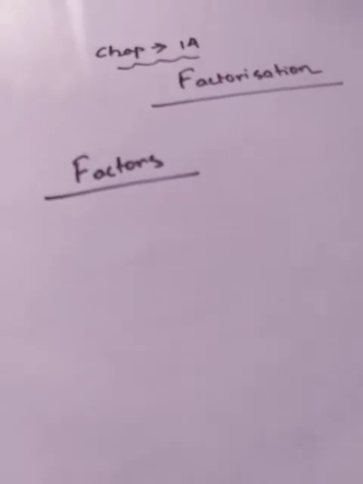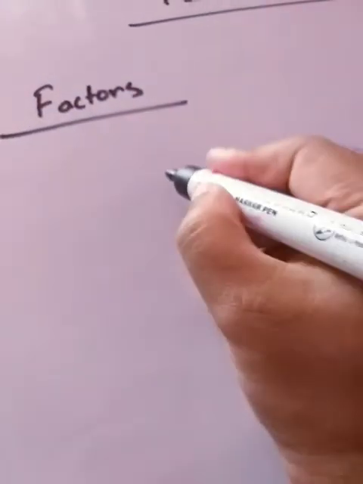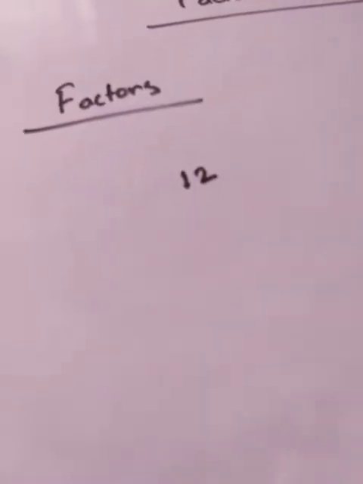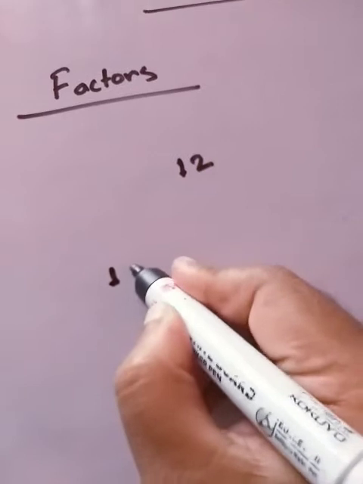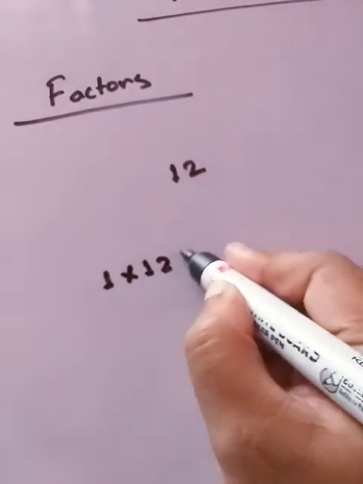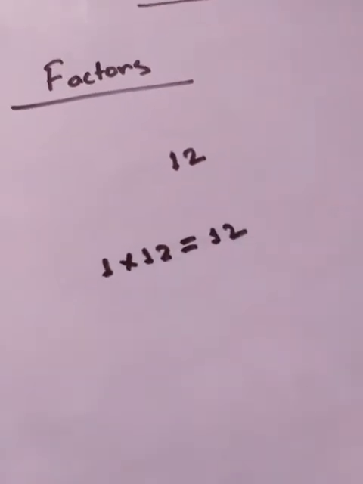Now what is a factor? Suppose let's take a number 12. Now you have to see some pairs of numbers which you multiply and get the product as 12. Suppose the first pair would be 1 into 12. That is, you will get 12, isn't it?